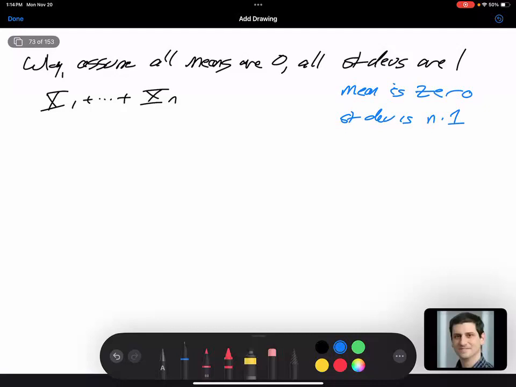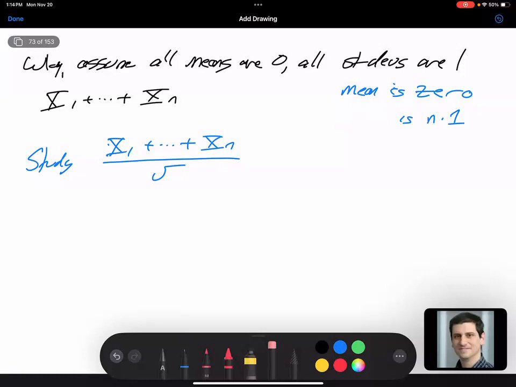So it's just n. So what we want to do is we study x1 plus xn divided by the square root. Wait a minute, the standard deviation is square root of n. It's right here. It's the variance that's n. Oh, right. It's the variance that's n.